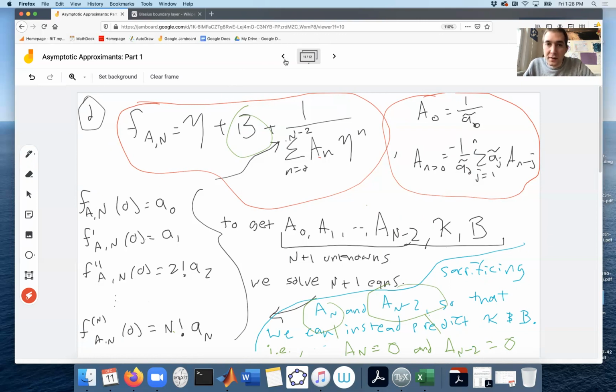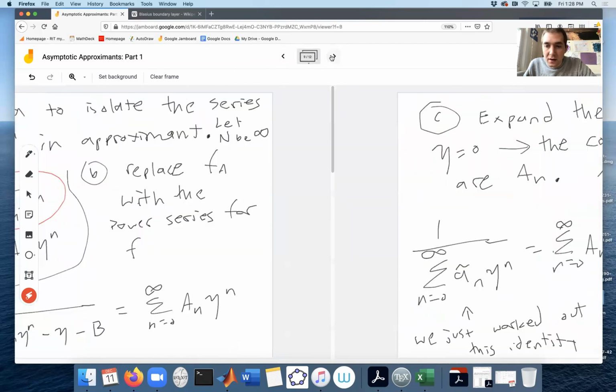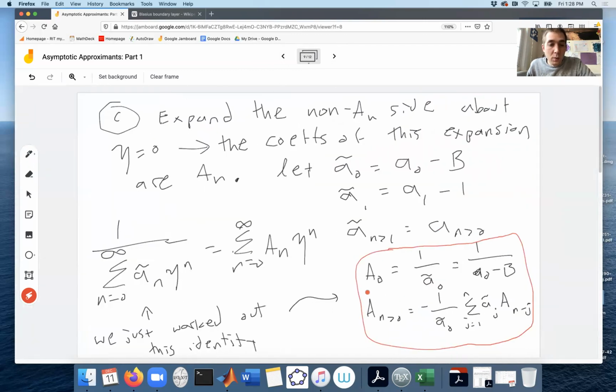Here's one way we can think about this. If we go back a few frames, look at this. When we were doing this the system way, just getting a grasp on this whole process, we said, okay, let's satisfy the first initial condition. That's going to lead to capital A sub 0. In order to satisfy the first initial condition, capital A sub 0 is going to equal 1 over A sub 0 minus B. A sub 0 is 0.